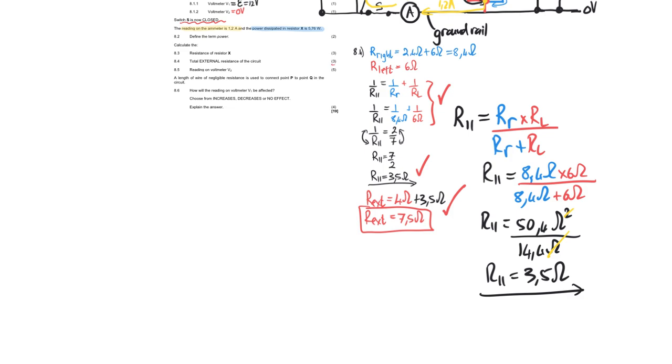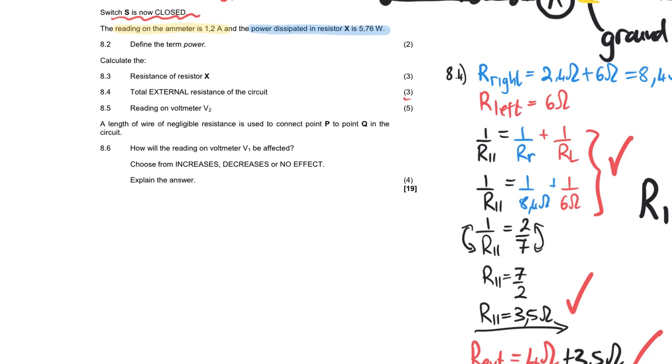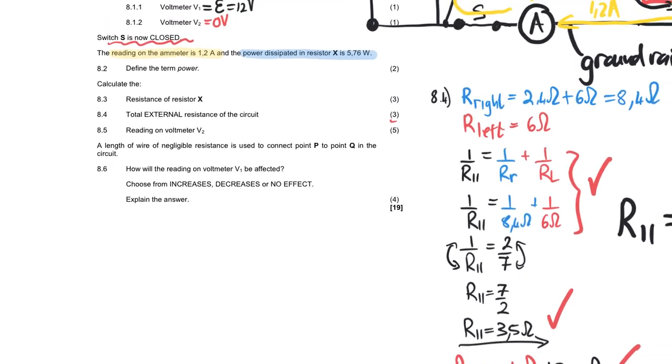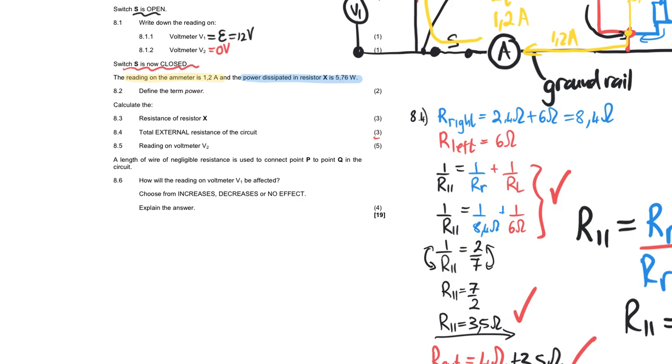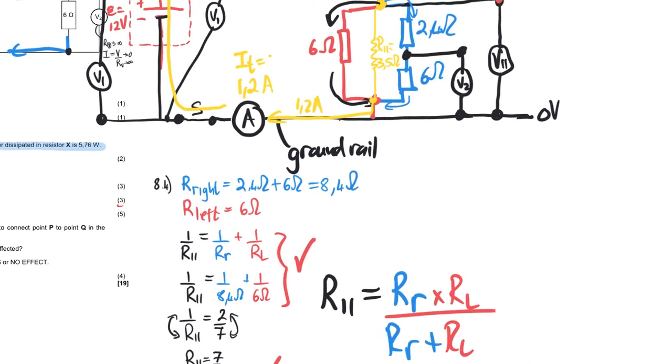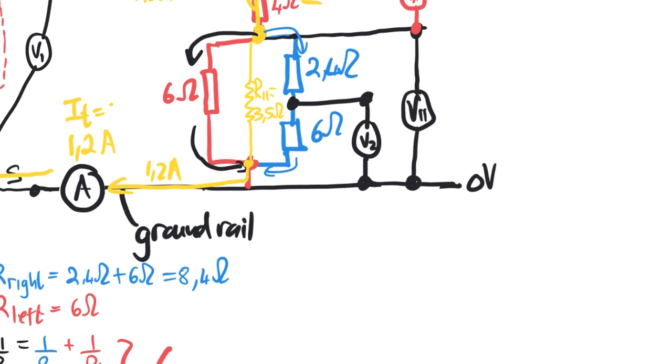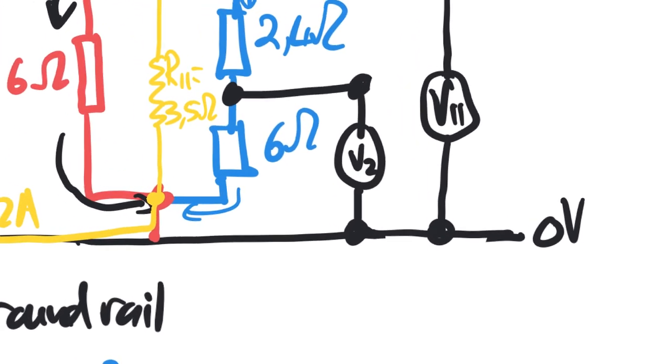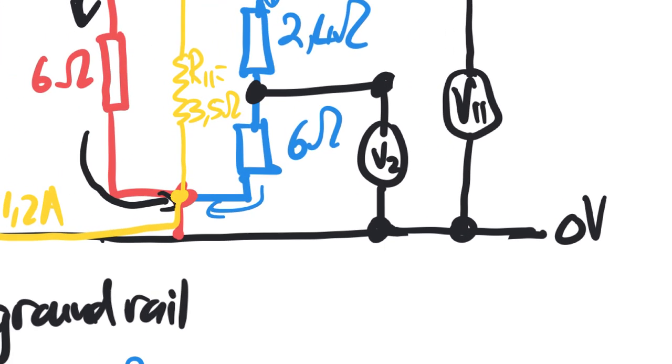So now let's look at the next problem, and that is the reading on voltmeter 2. Voltmeter 2 is the volt drop across the 6 ohm resistor. So V2 is the volt drop from there to there as the current flows through.